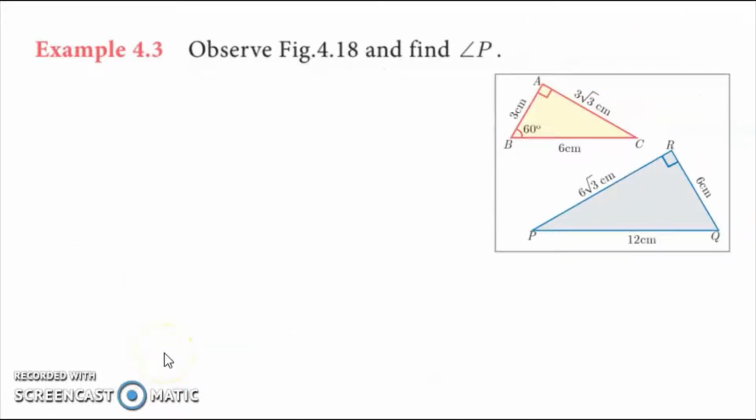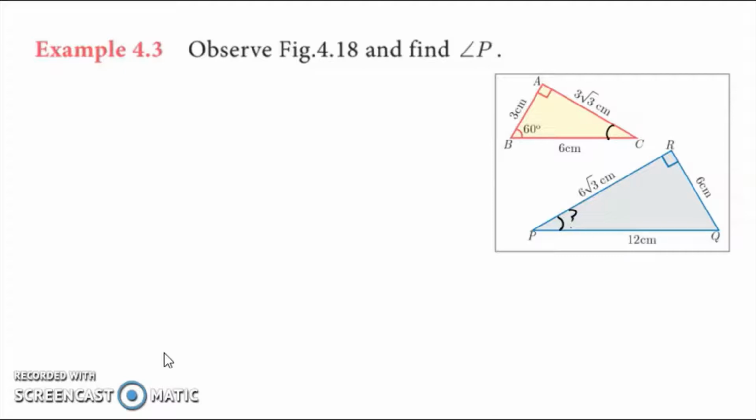Okay, in this problem, the question says, observe figure 4.18, which is this figure here, and find the angle P. So you're asked to find the angle P, which is this angle here. Now, if these two triangles are similar, we can find this angle easily because we know this angle here is 180 minus 60 minus 90.